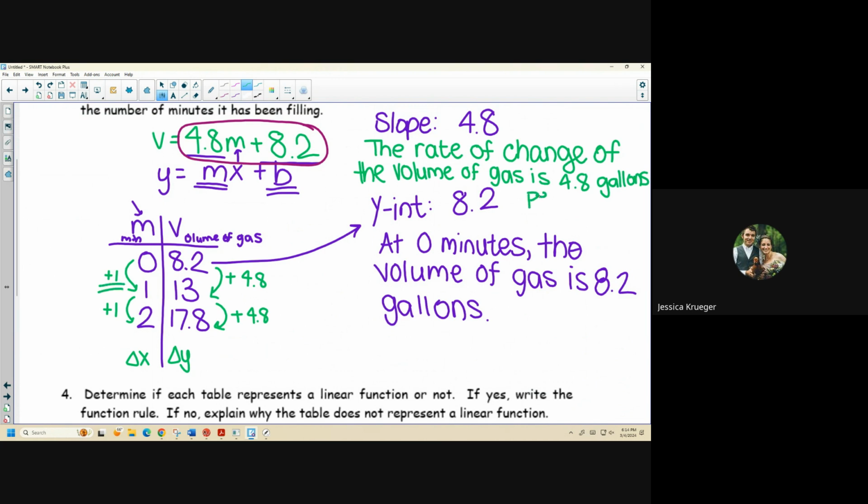So per minute. You could also say gas is being added to the tank at a rate of 4.8 gallons per minute. So you have a lot of different ways to talk about this. The important thing to know is your y-intercept is where you begin. When m was 0, we had 8.2 gallons of gas. Your slope is the rate of change. We are increasing the amount of gas by 4.8 gallons per minute.